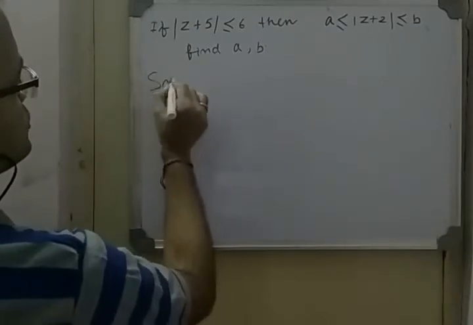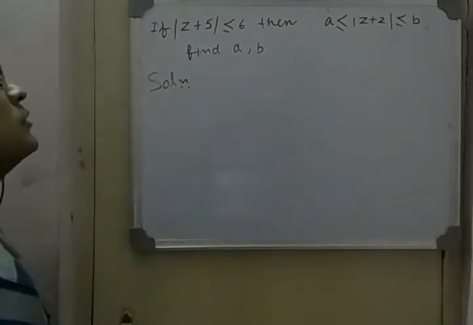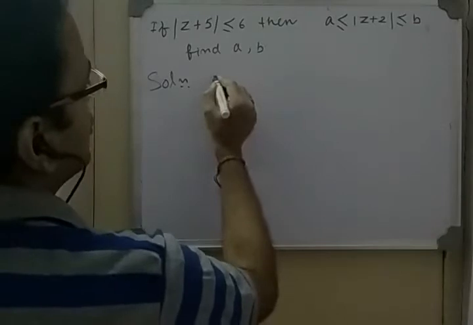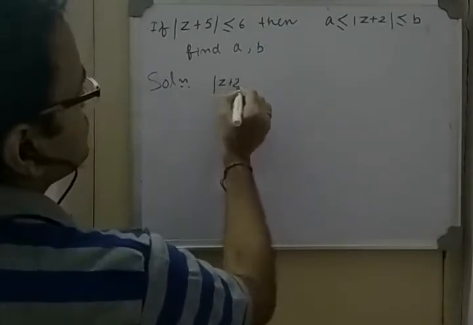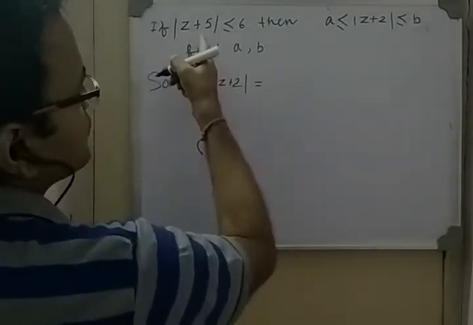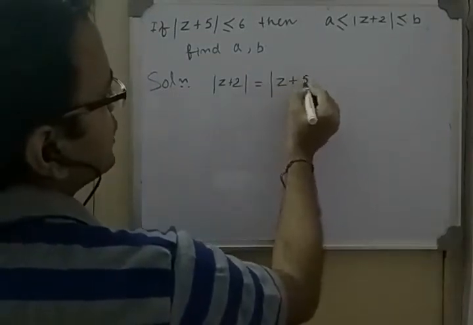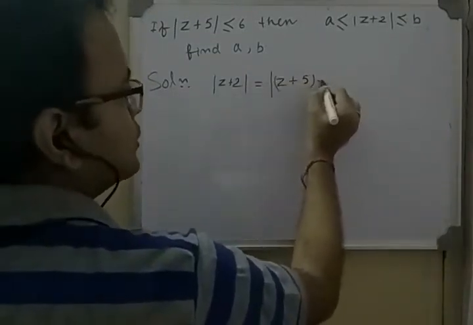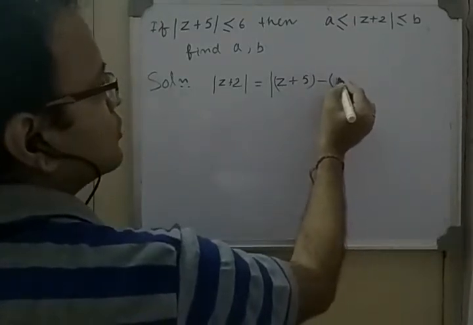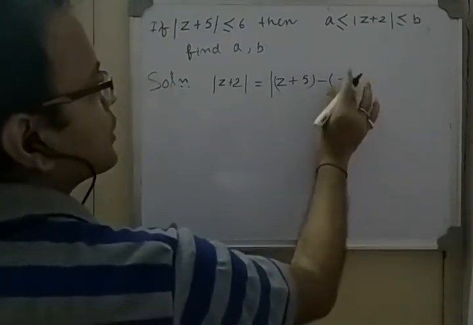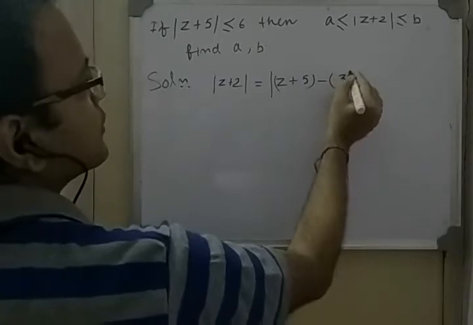So let's try to find out. Mod of z plus 2, we can write, we have this given, so I will use this. So I will write z plus 5. Then I know I have to make it z plus 2, so I have to subtract 3.